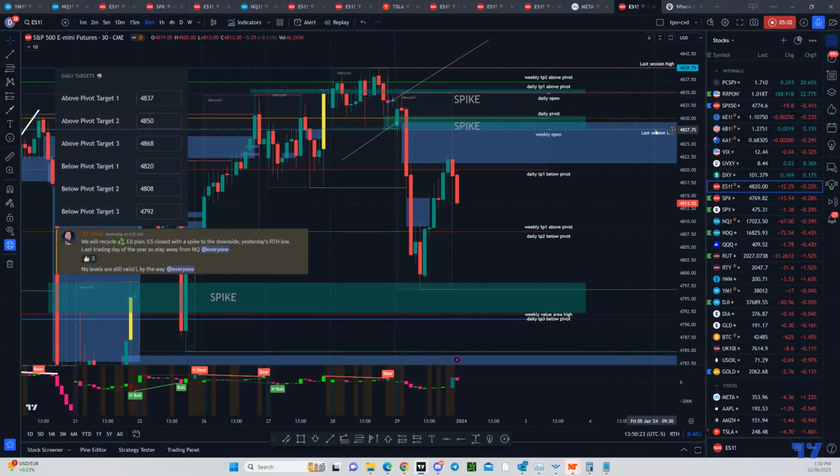This is last session low right here, last session high. So it's just half a point above it. And that was, in my opinion, to create confusion as of, hey, definitely if we're above yesterday's low, I'm going to take a long here, which was fine.